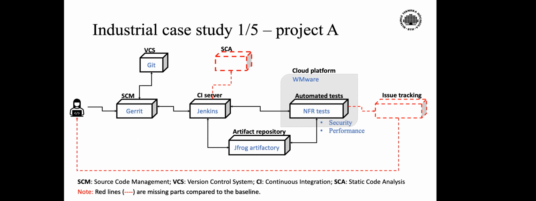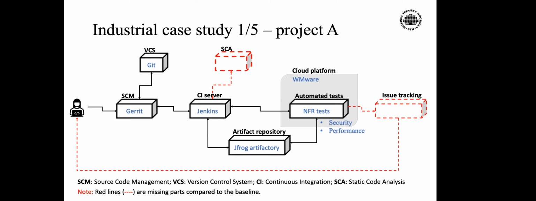So the first is project A. The red lines are the missing parts compared to our baseline, and the blue colors are the tools which have been adopted in project A for NFR security and performance testing.